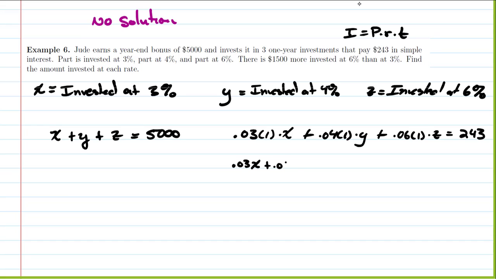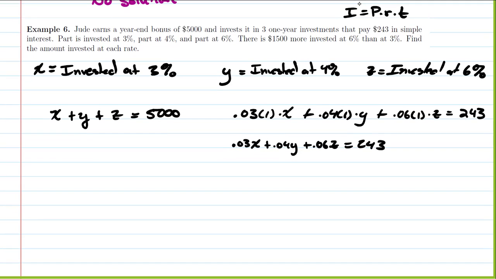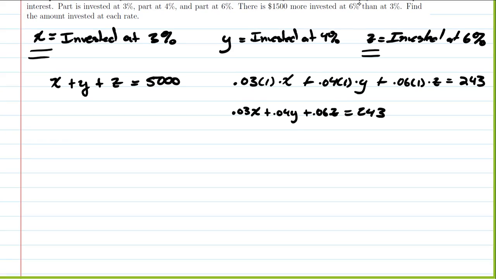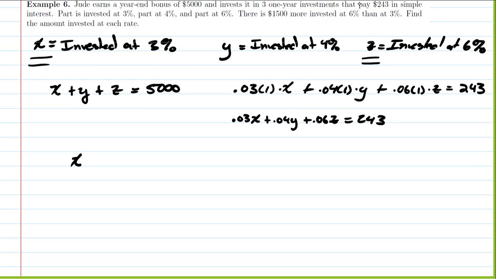So that gives us two equations, and let's clean that up a little bit: 0.03x plus 0.04y plus 0.06z is equal to 243. The last one says there is 1,500 more invested at 6% than at 3%. So 6% is z and 3% is x. I'm going to start with a statement I know is not true. Does x equal z? And the answer is no, right? Because one of those has more money in it.